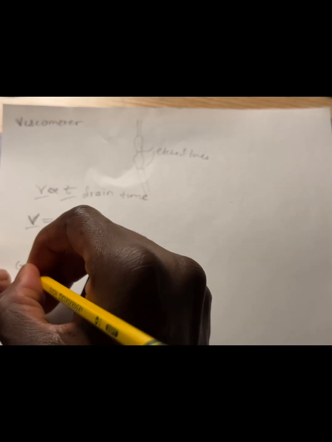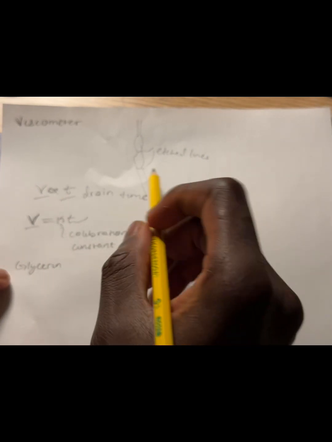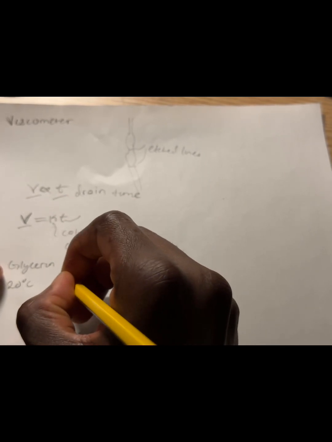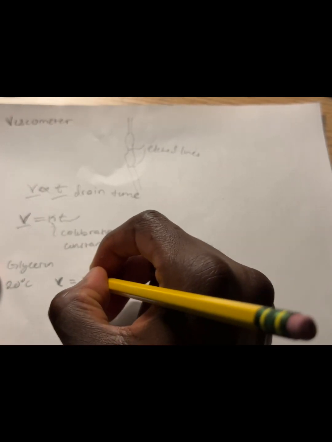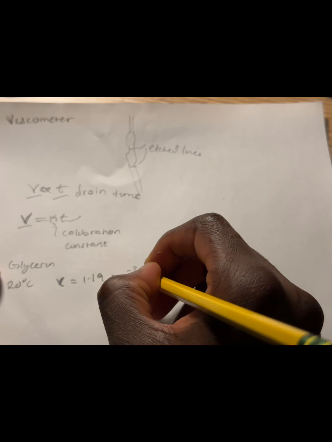Okay, so glycerine is our known liquid. We have our viscometer, and we need to know what the calibration constant is. We have glycerine, and we know that at 20 degrees Celsius, it has a kinematic viscosity of 1.19 times 10 to the negative 3 meters squared per second.